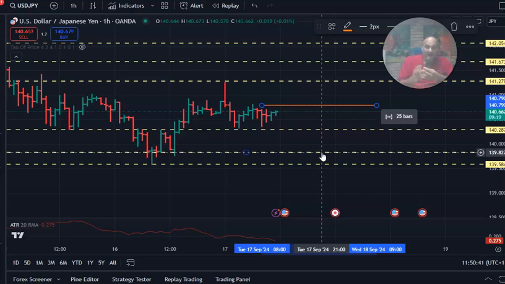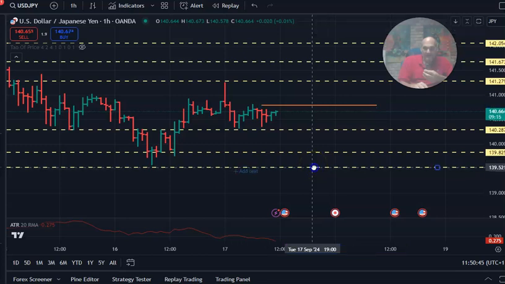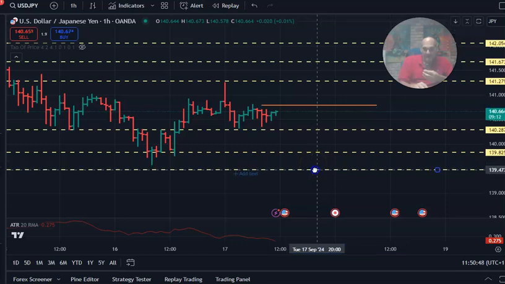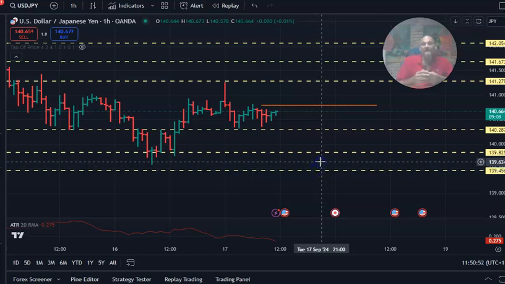If it breaks that, we have a main support. It's a little bit lower than the low, right around 139.45. The volatility basically shifted it down to 139.45. If it breaks 139.45, we're looking at 139.10. And then it's a totally new ball game.